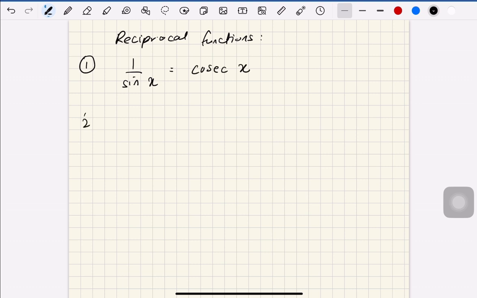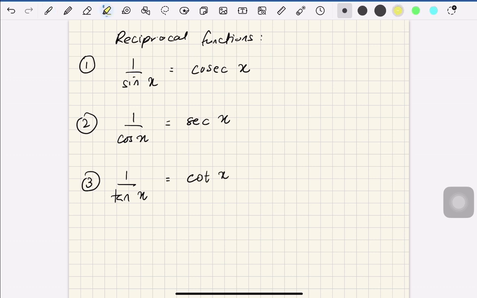Number 2, 1 over cos x, which is equivalent to secant x. And number 3, 1 over tangent x, also known as cotangent x. The hint here is to look at the third letter only: s for 1 over sine, c for 1 over cos, and t for 1 over tangent. Alright, let's get right to our question.